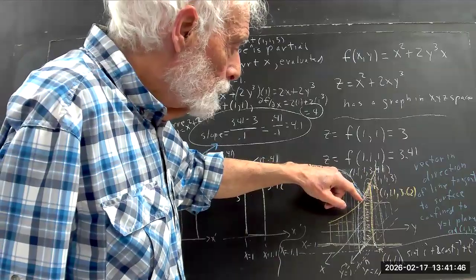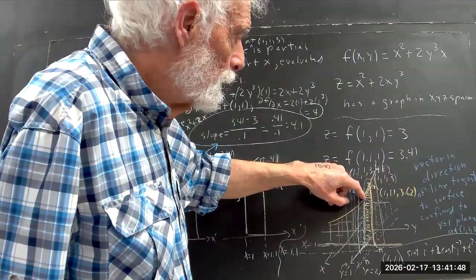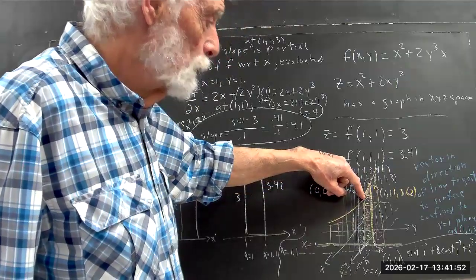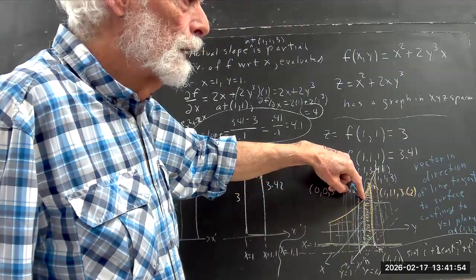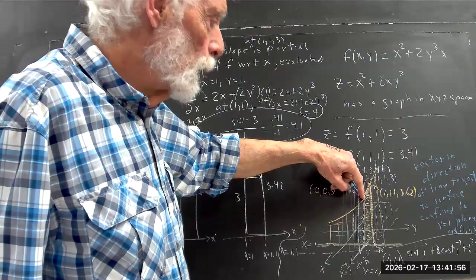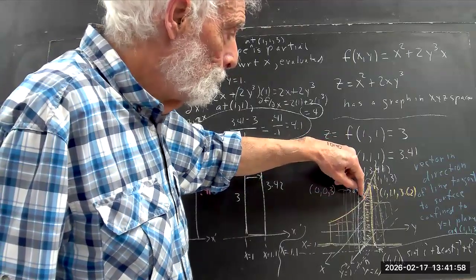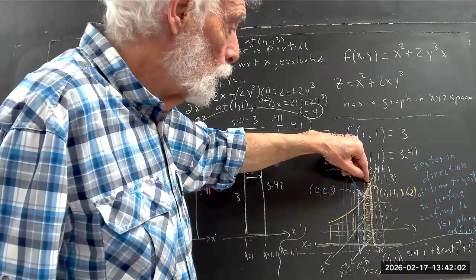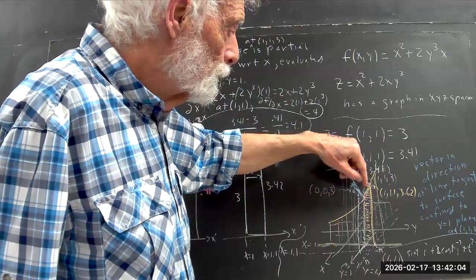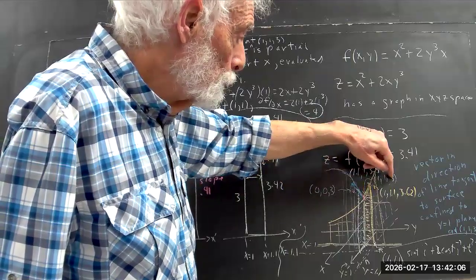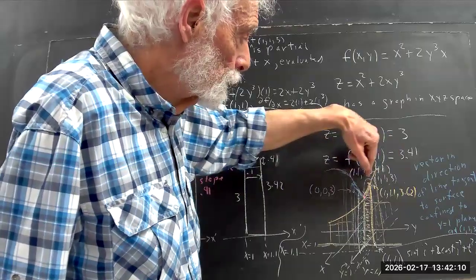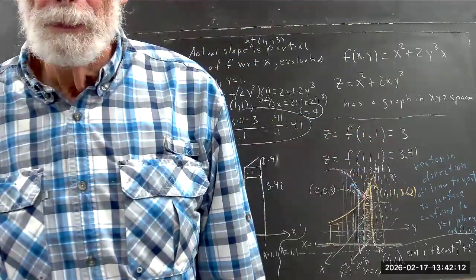But between the point where y equals 1 here, and the point where y equals 1.1, the z value goes from 3, which is the z value at this point, to 3.62, which is the value at this point.